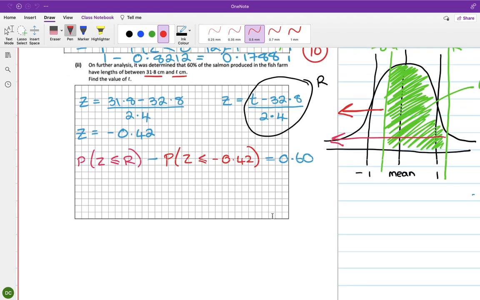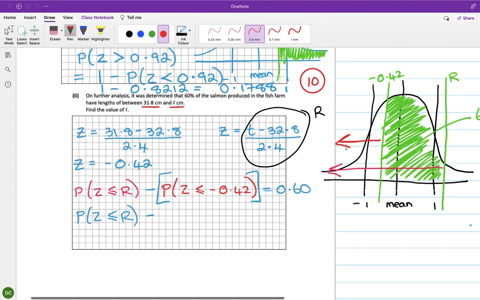Now, the first one we can't do anything about, but the middle one I can. So the probability of the z-score being less than minus 0.42, so being on the left of minus 0.42, is the same as being greater than plus 0.42.